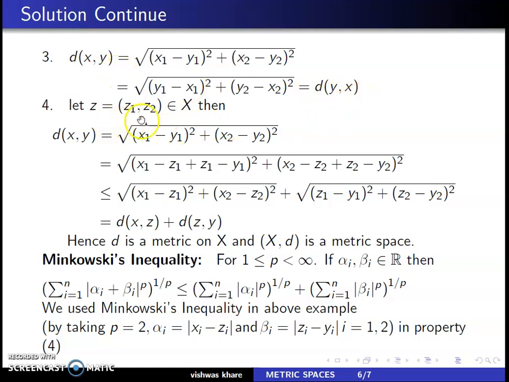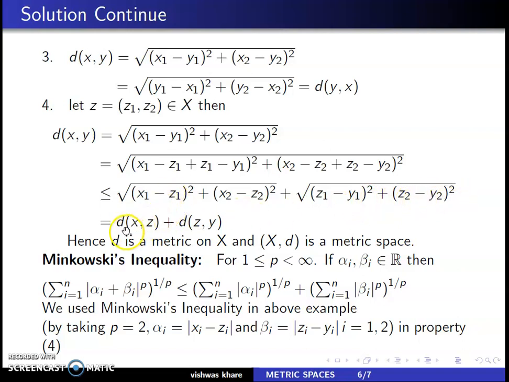The fourth one: z equal to (z1, z2) belongs to X. Then d(x,y) is equal to the square root of (x1 minus y1) square plus (x2 minus y2) square, which can be written as (x1 minus z1 plus z1 minus y1) whole square plus (x2 minus z2 plus z2 minus y2) whole square, which is less than or equal to the square root of (x1 minus z1) square plus (x2 minus z2) square plus the square root of (z1 minus y1) whole square plus (z2 minus y2) square.